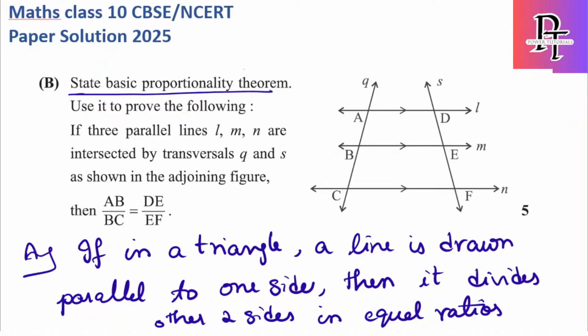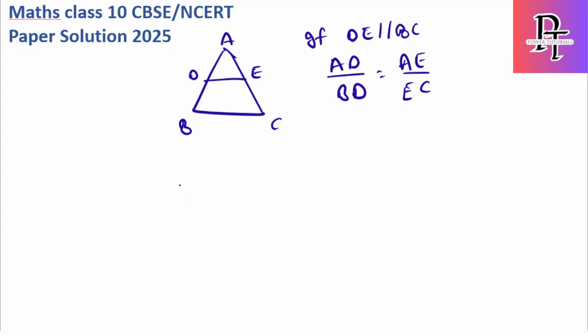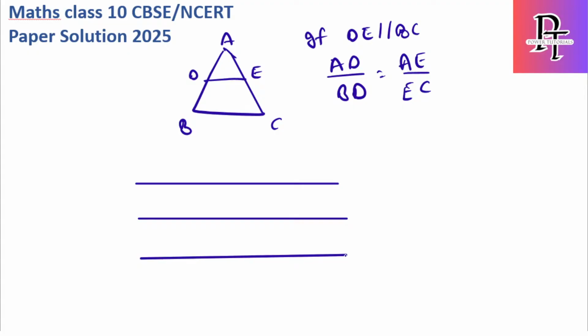Okay, for this diagram, they are asking us to use that theorem and show AB by BC is equal to DE by EF. So I'll just redraw the diagram again. You have three parallel lines intersected by two transversals, something like this.